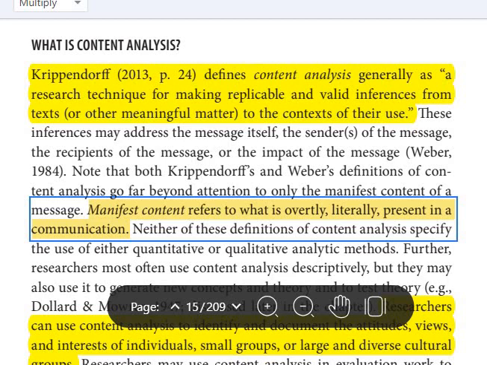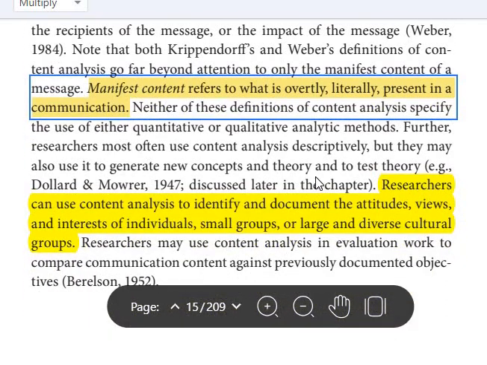It means everything that refers to what is overtly or literally present in the communication, in any kind of communication, anything that is overt, that is literally present before you, you can count it, it's so easy. That's why it's called manifest. It is apparent. Okay, you can see it clearly.